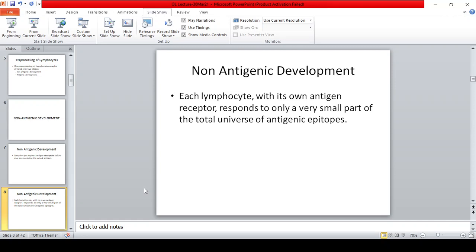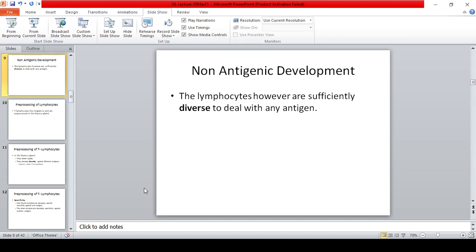So there are millions or billions of antigenic epitopes, molecules, and each lymphocyte has the capacity to react to that epitope because it has a corresponding antigen receptor which has been developed to respond to that antigenic epitope.